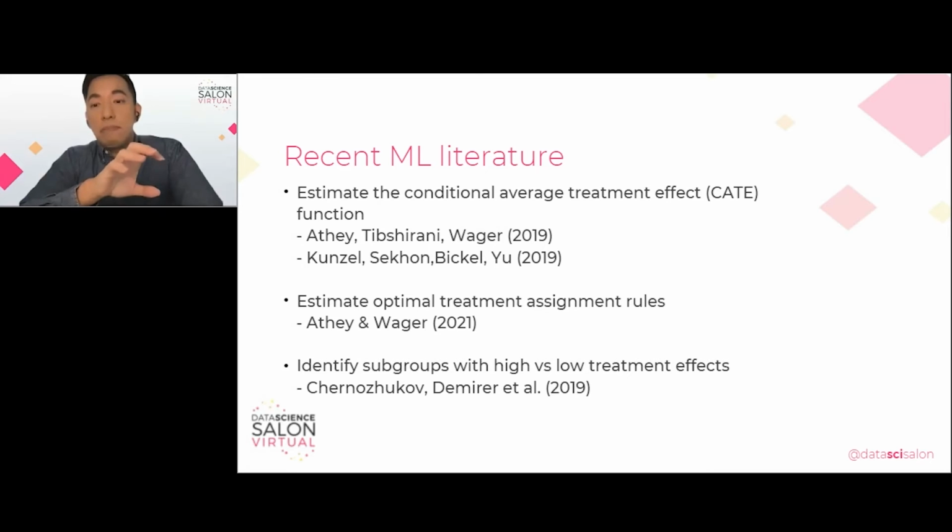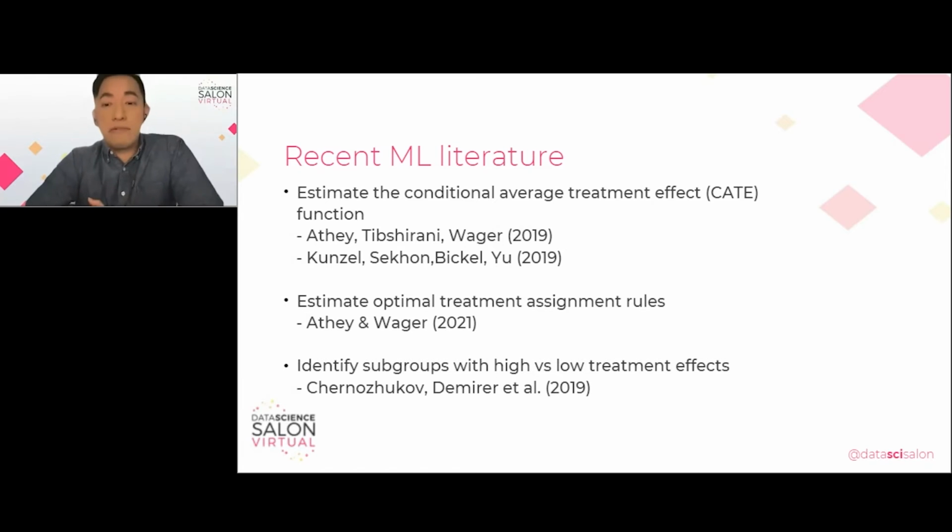Simply put, if we know someone's observed covariates, we're able to predict what his or her treatment effect is going to look like. You can see Athey, Wager, and Künzel et al., at Stanford and Berkeley, back in 2019. These are the things they're trying to get at.